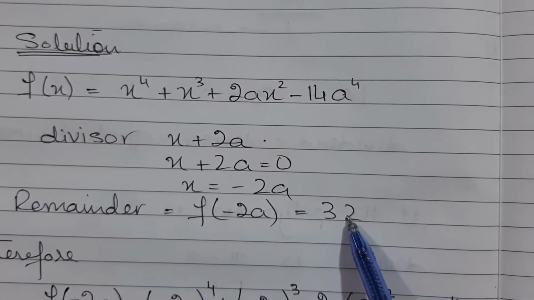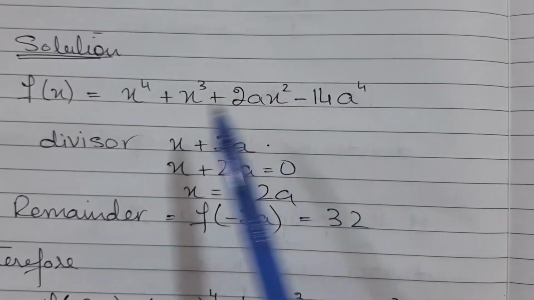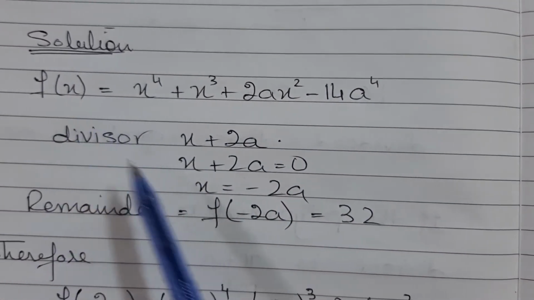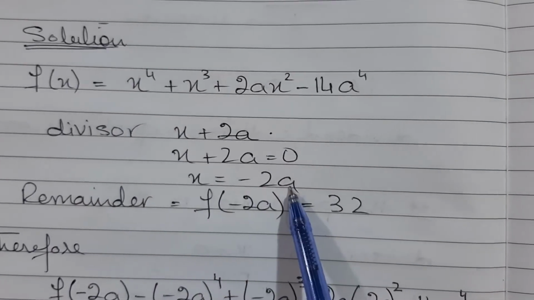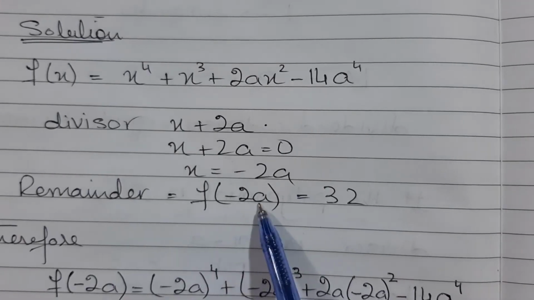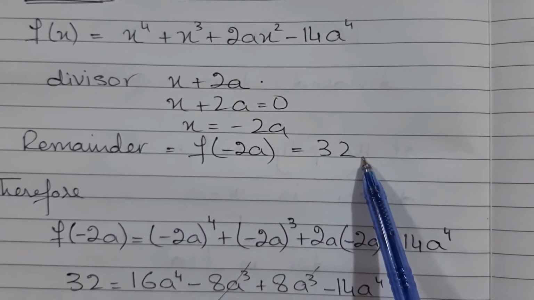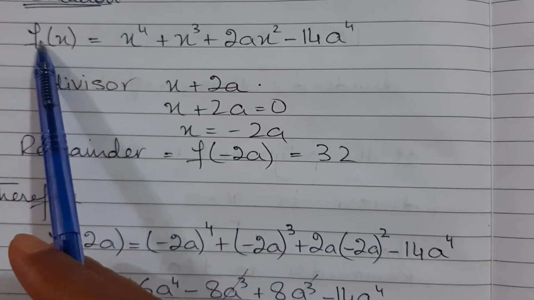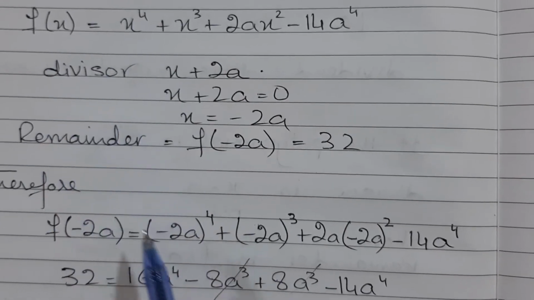This is given in the question. I'm repeating that I am calling my polynomial f of x. So it means f of minus 2a, because now my x is minus 2a. So f of minus 2a will give me the remainder, which is equal to 32. It is given in the question. So now in this polynomial, wherever I have x, I will write minus 2a.